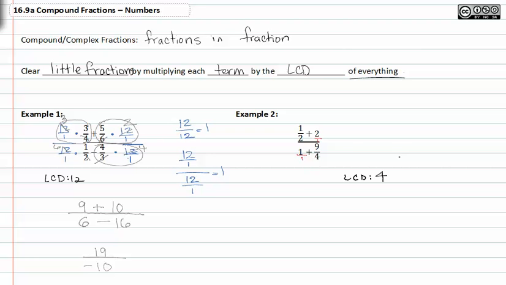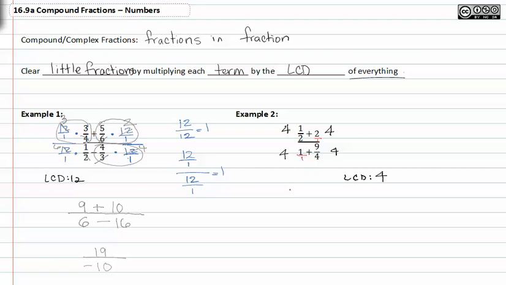So I can multiply all the different fractions in this compound fraction by 4 to clear the denominators and simplify this compound fraction.